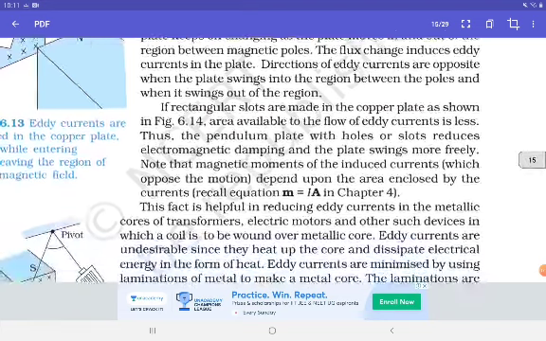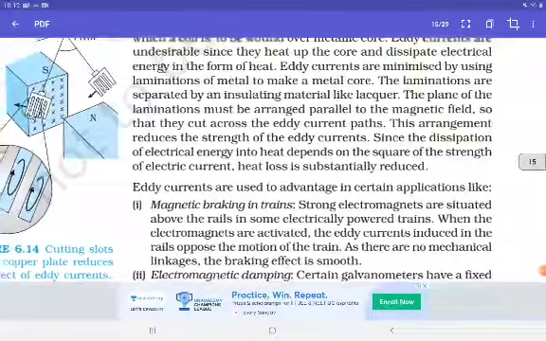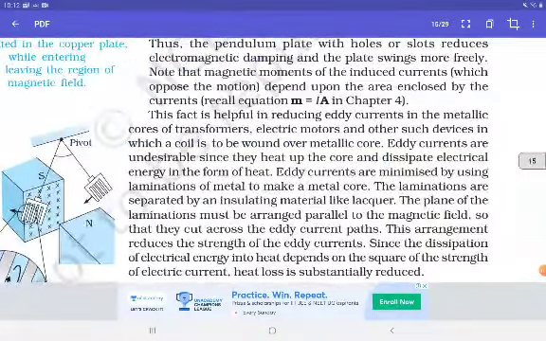Note that the magnetic moment of induced currents depends upon the area enclosed by the currents. M = IA. This fact is helpful in reducing eddy currents in the metallic cores of transformers, electric motors and other such devices in which a coil is to be wound over a metallic core.